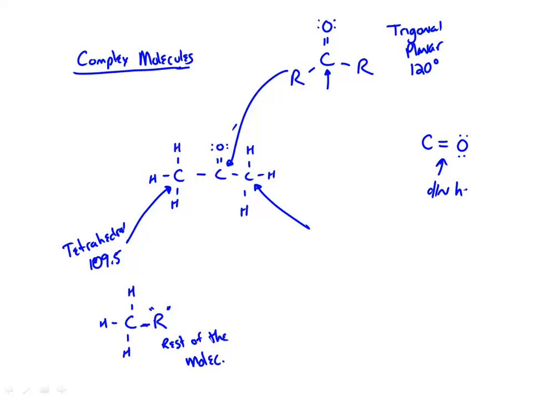But trigonal planar has to have 0 lone pairs. Right, carbon has no lone pairs on it. The oxygen has lone pairs on it. And if that oxygen confuses you, just replace oxygen with R2. And then you see that there really are only 3 atoms attached to it. Don't let all the extra lone pairs, all the extra stuff attached to it confuse you. Focus on just that core atom.